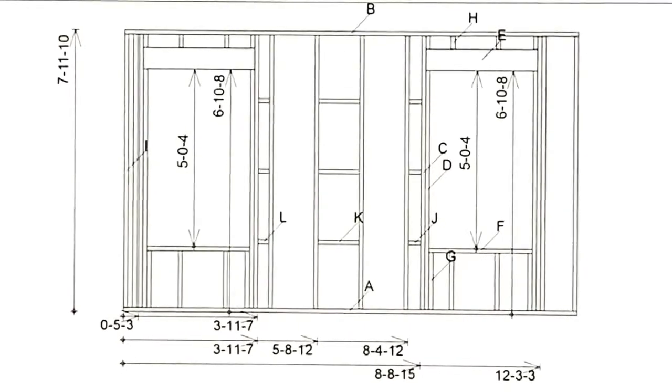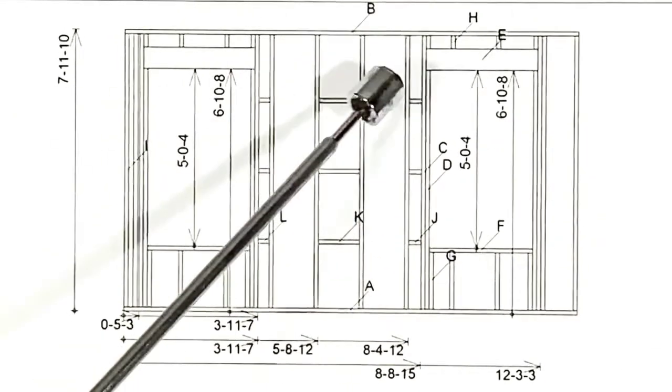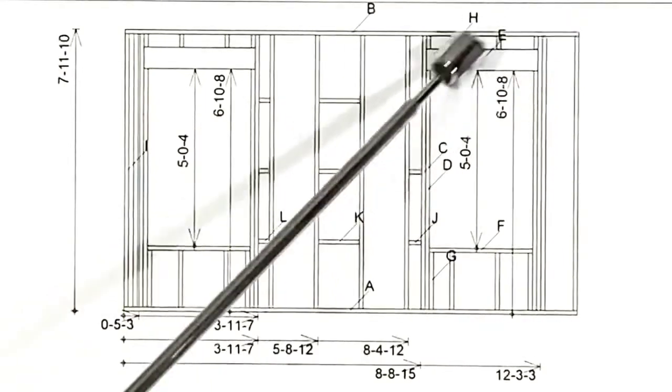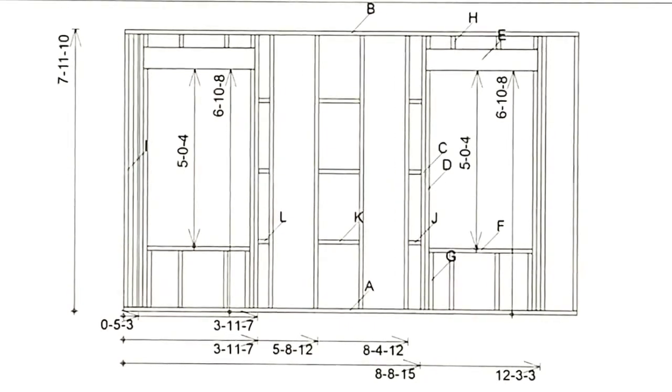There are two other lengths of lumber involved in the construction of either a door or a window. If you look at this window, you can see that the header is supported by a length of lumber on the inside of the rough opening of the window called a jack stud. The jack stud does not extend from the bottom plate to the top plate.